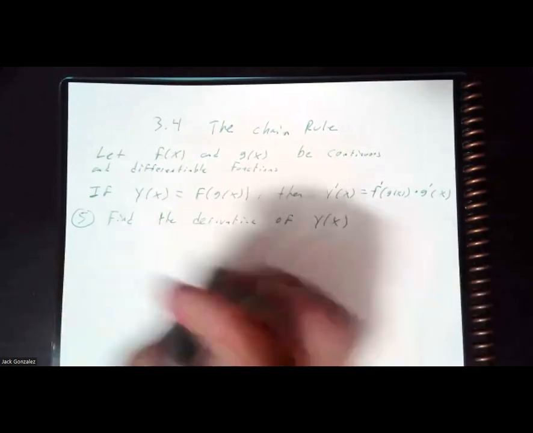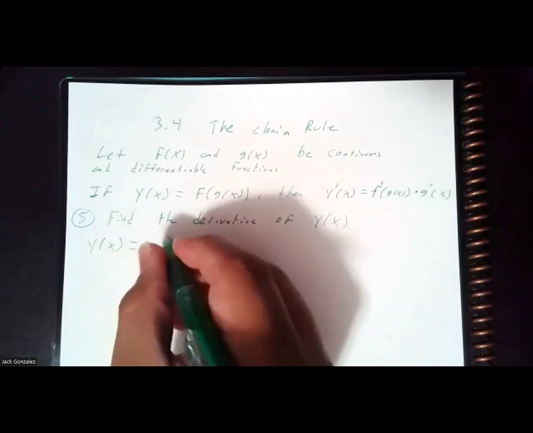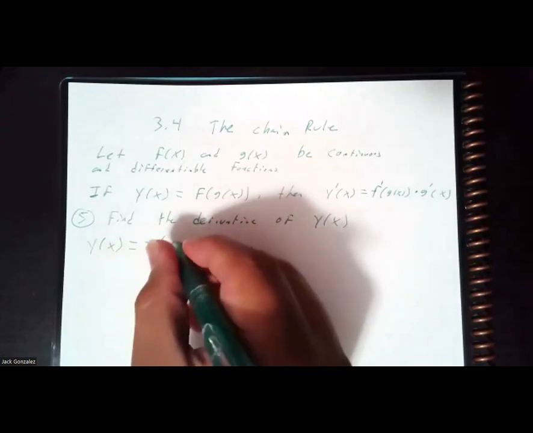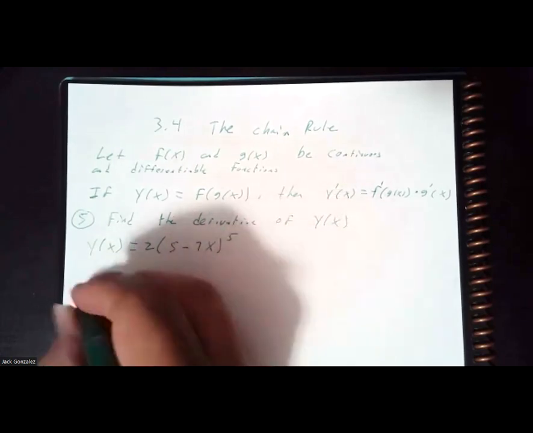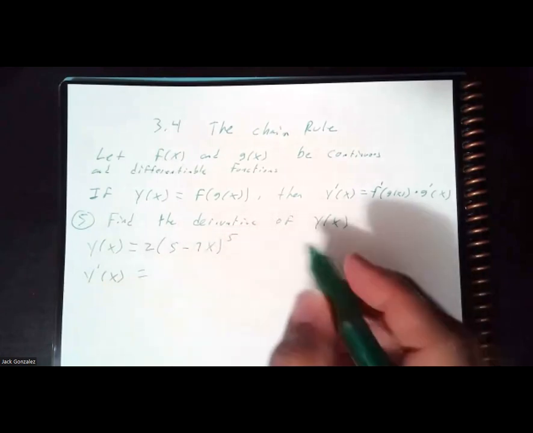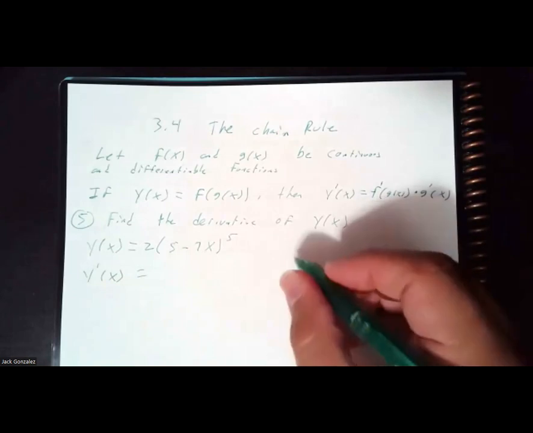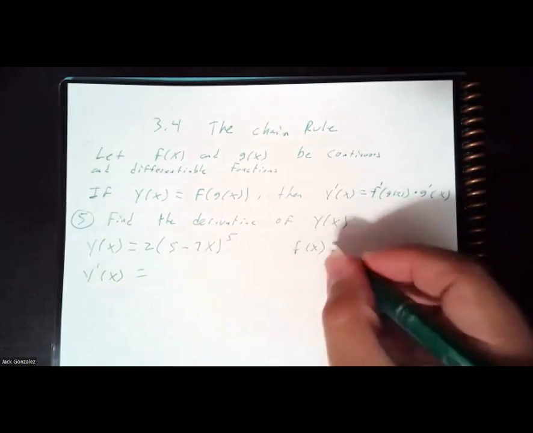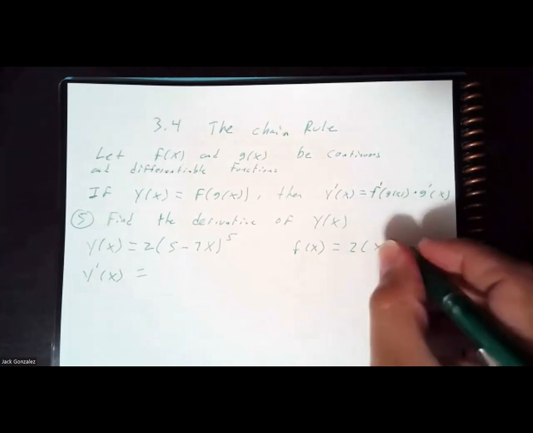So the function is equal to 2 times (5 minus 7x) to the 5th. So the derivative is equal to the derivative of the outside. The outside function is basically 2 times some x to the 5th.